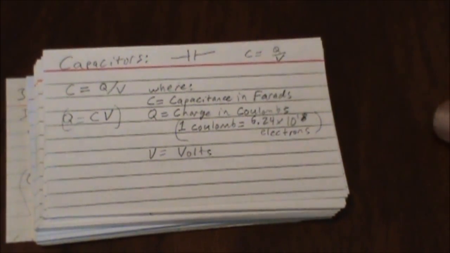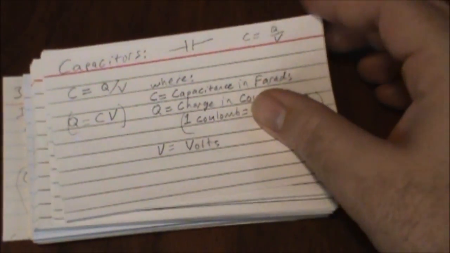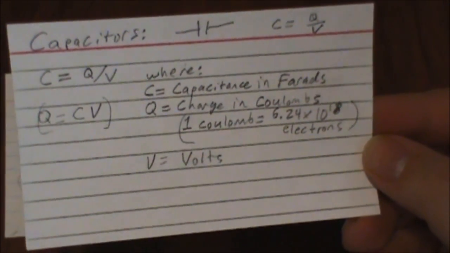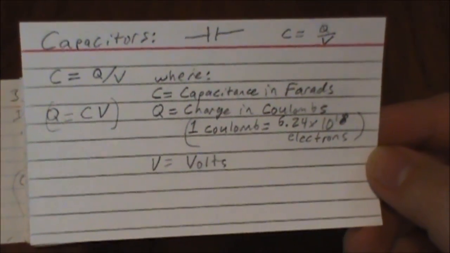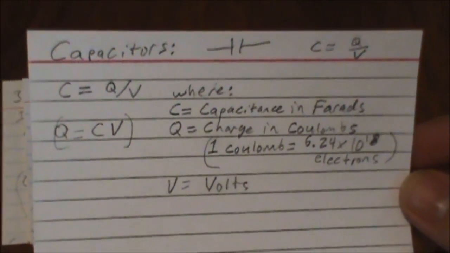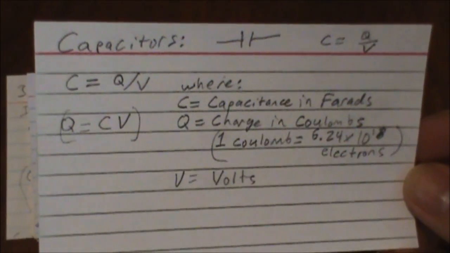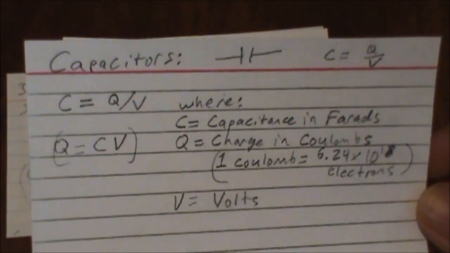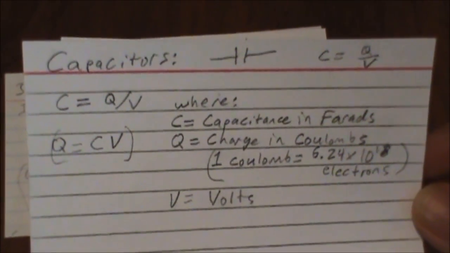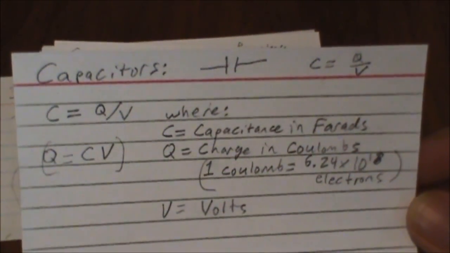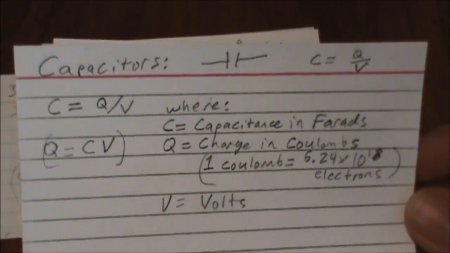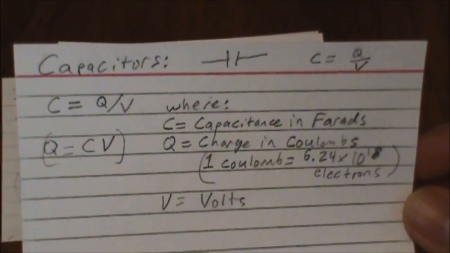So capacitors hold charge. Here we get back into charge, like, remember we went through Ohm's law with current and amperes and all that. So our charge is in coulombs, and it's denoted by the letter Q. And so here we have C as our capacitance in farads, Q as our charge in coulombs, and V is how many volts we have across the capacitor terminals.